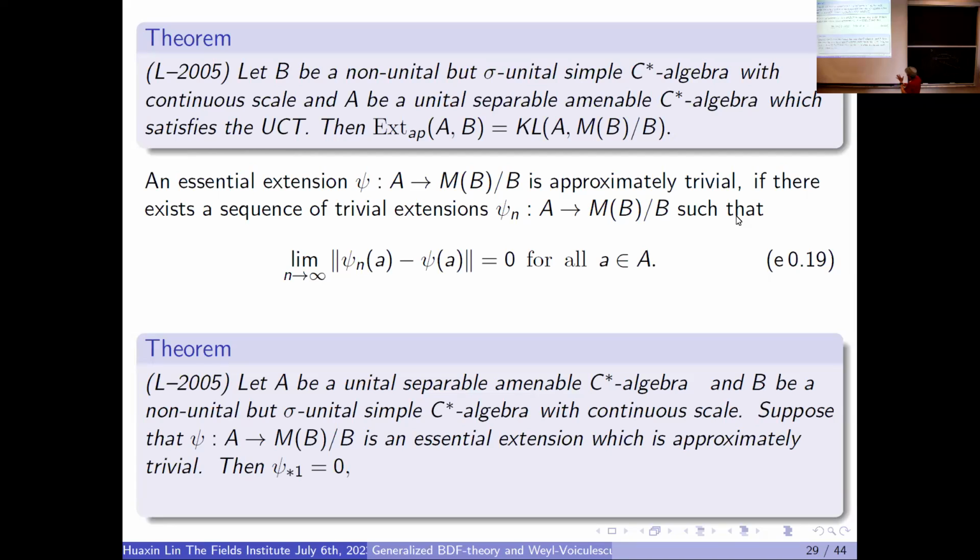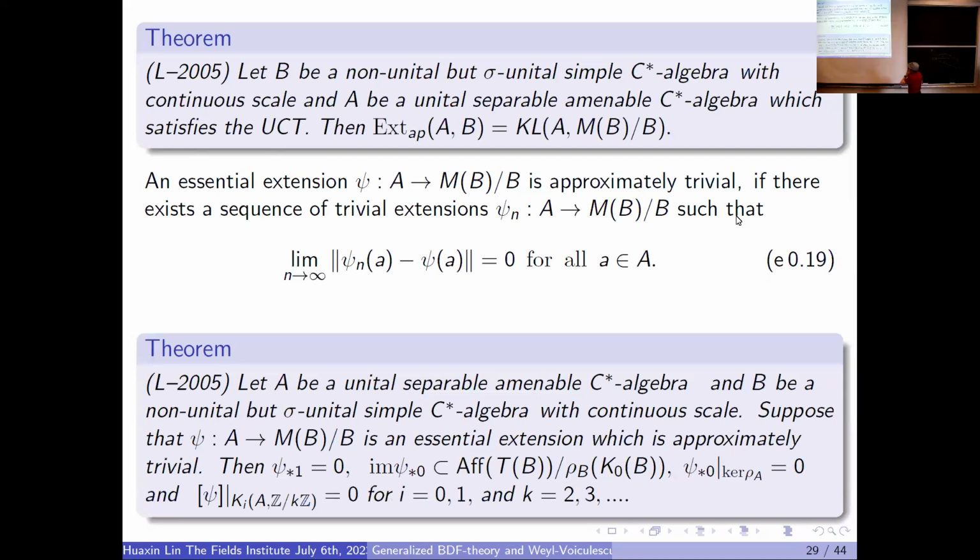So we want to know when it is approximately trivial. It says that K1 has to be 0, and the image of K0 must be there, otherwise you cannot lift it to the affine function maps. And everything else you want to be 0. Okay, so look at the KL, these are 0.